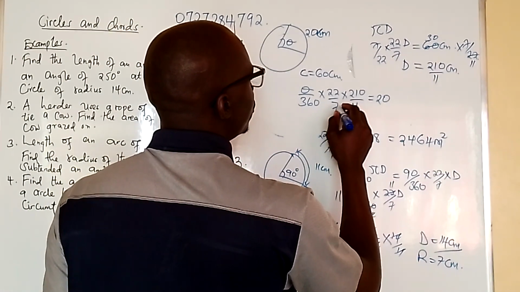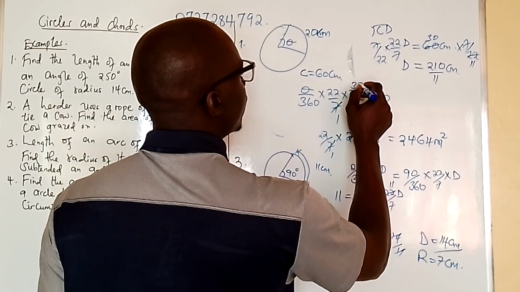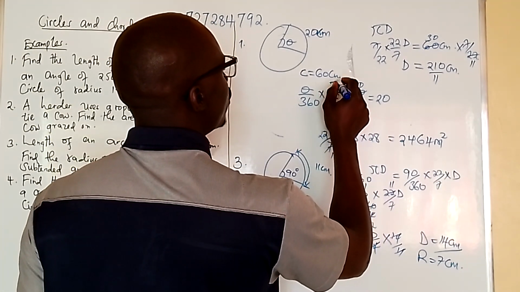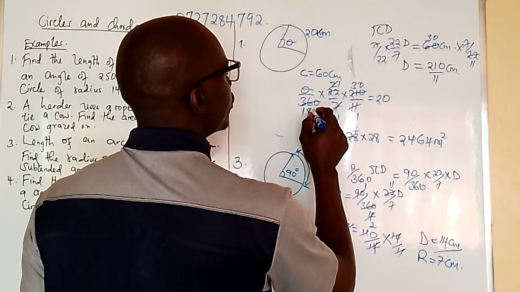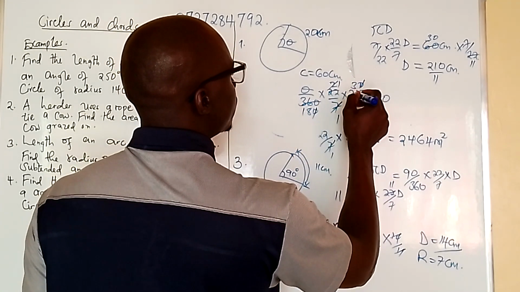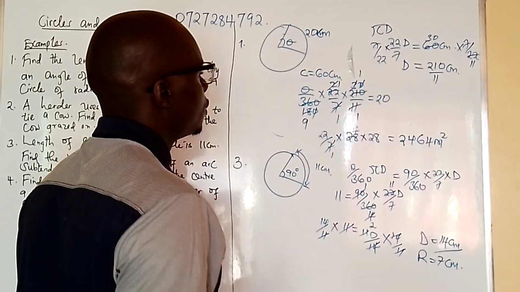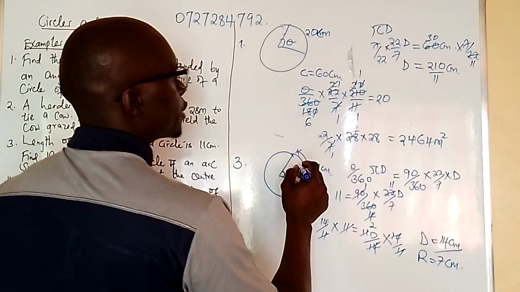So therefore 7 goes here, 30 times, 11 goes here once, and we get 180. 0 cancels 0, 3 goes here once, 3 goes here 6 times.